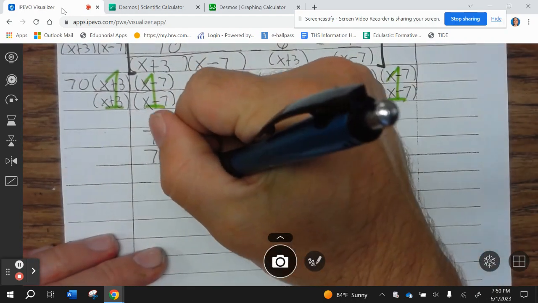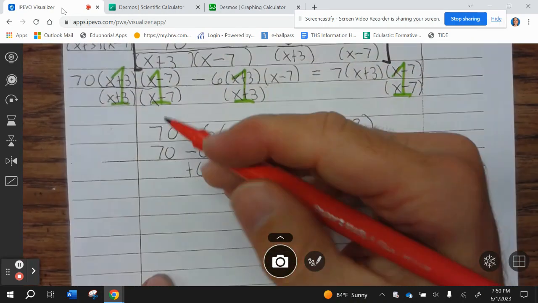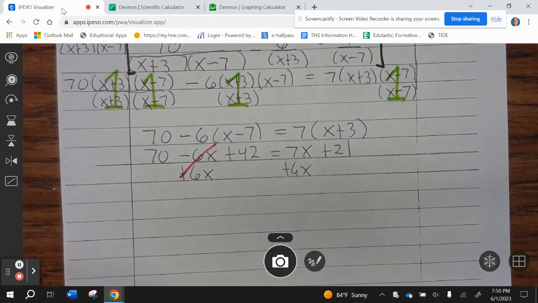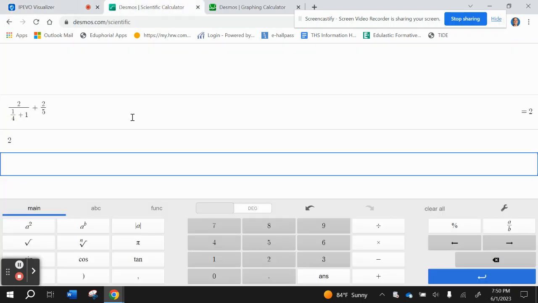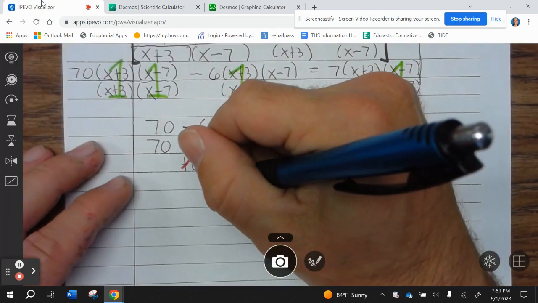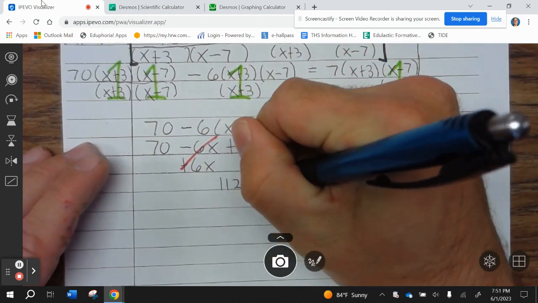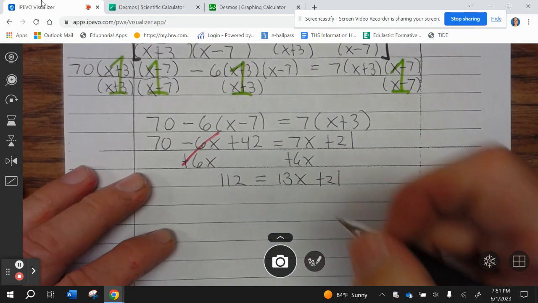We're going to add 6x to both sides. This cancels. I don't know what 70 plus 42 is right off the top of my head. So 70 plus 42 is 112. So 112 equals 13x plus 21.